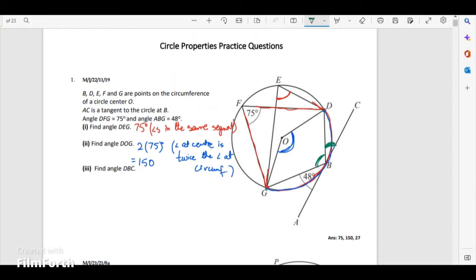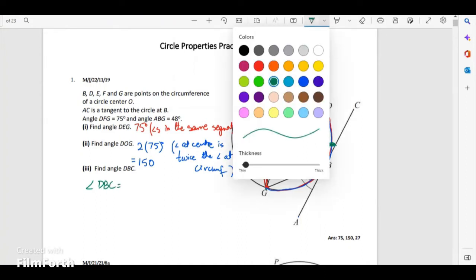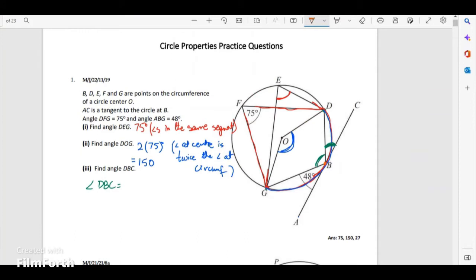So let's figure out what angle DBG would be. Angle DBG would be equal to, and how I'm working out angle DBG, by the way, is I'm looking at the 4 vertices that are lying on the circumference. So what I'm looking at is that DBFG, or DBGF, is a cyclic quadrilateral, and hence the opposite angles would be supplementary.